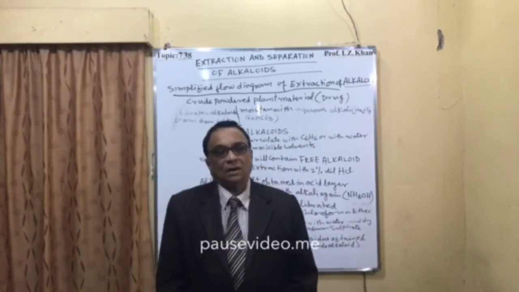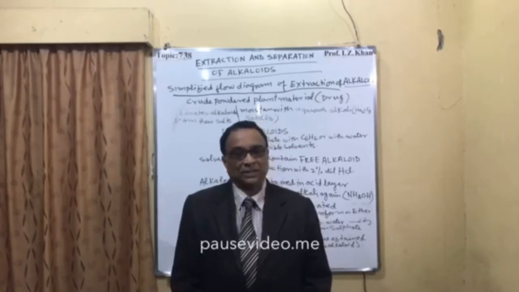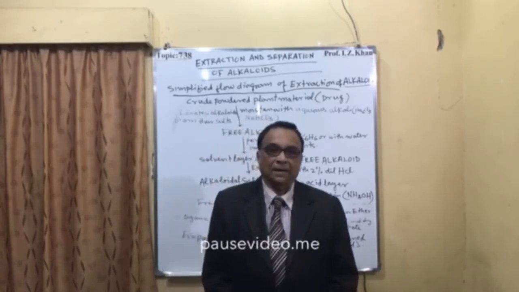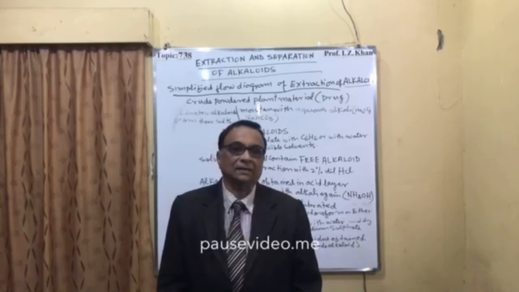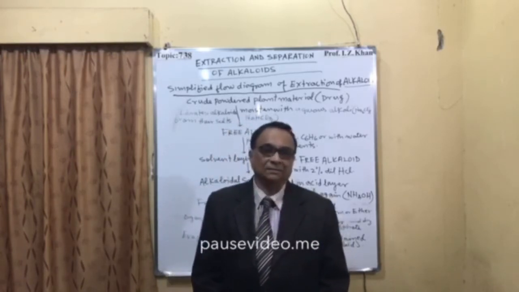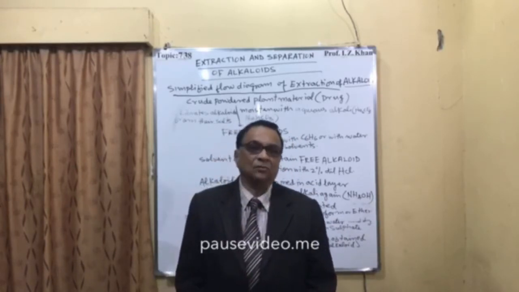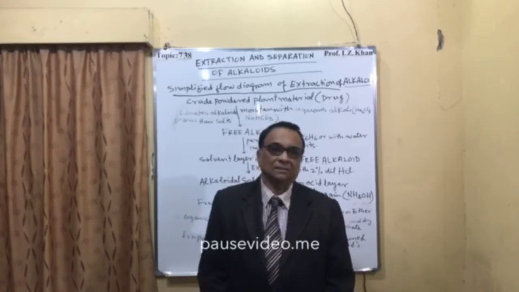Now I am going to discuss how to extract from plant sources. The extraction of alkaloid from plant sources is very tedious, very complex. The reason is that there are hundreds of phytochemicals, naturally occurring compounds, similar in structure to alkaloids.